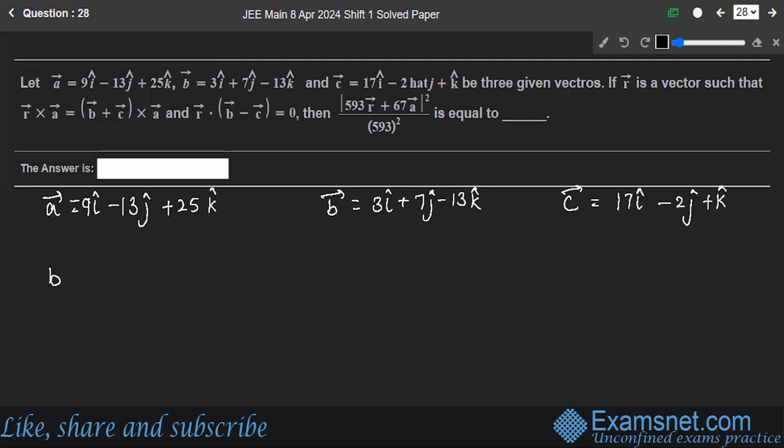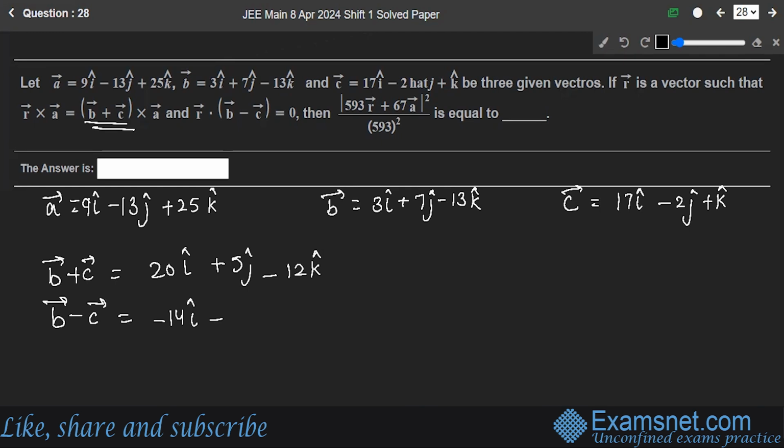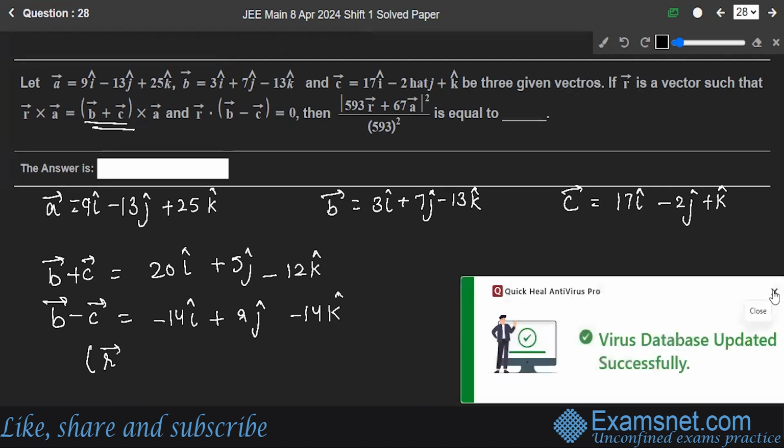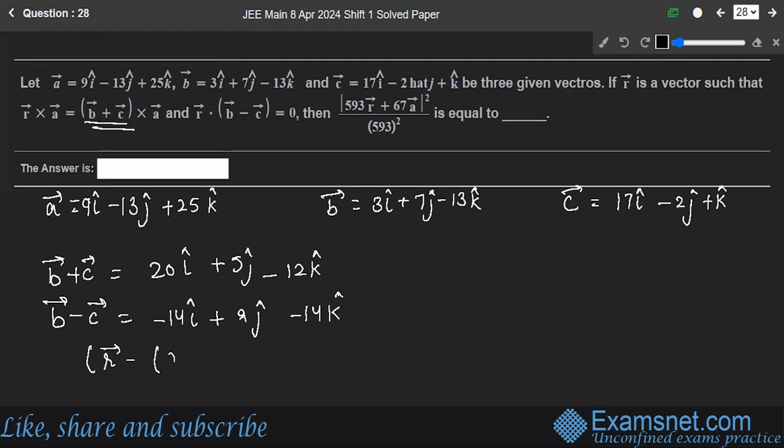So first thing, I need B plus C over here. Let's solve it. B plus C will be given by 20I plus 5J minus 12K. And the difference between B and C vector will be minus 14I plus 9J minus 14K. So your R vector minus, see, first of all, let's pick up this vector only.